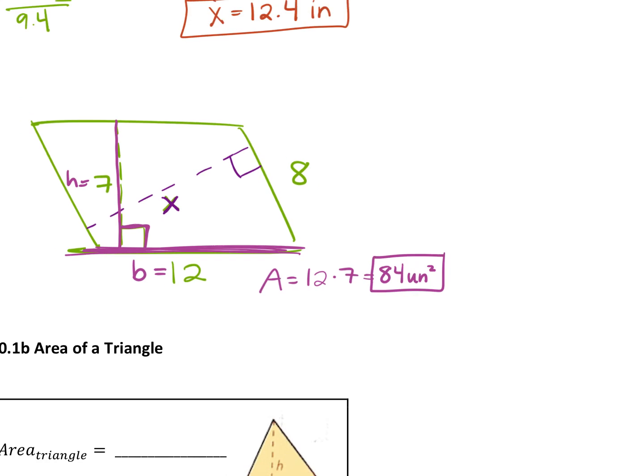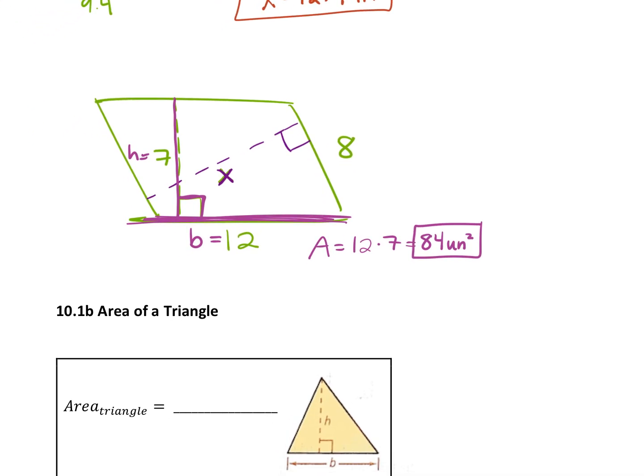Okay, so that's the area of this figure. What other base and height go together? 8 and x, right? You have this base, and it is perpendicular to this height. So if this is our base and this is our height, then 8 times x should equal our area. Do you know the area of this parallelogram? 84.